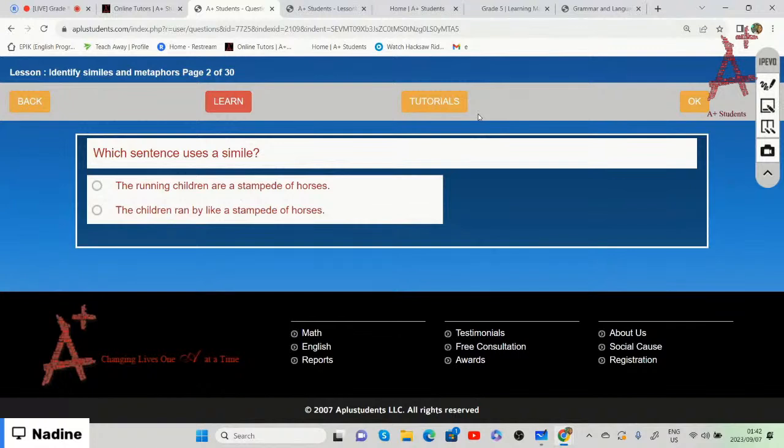Whereas the first option says the running children are a stampede of horses. So which one is a simile? We can say that the second one is a simile.